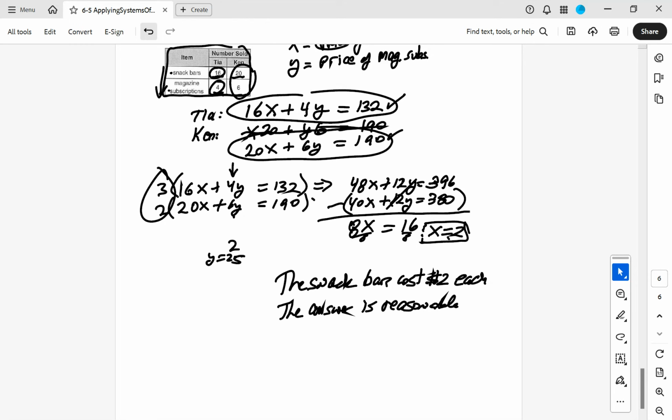The answer is reasonable because, there's an abbreviation for because, snack bars should cost a lot less than magazine subscriptions.